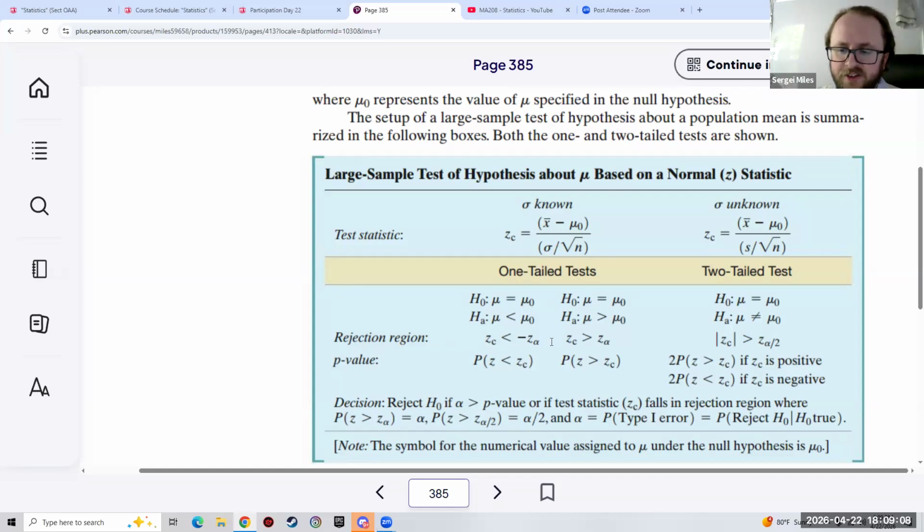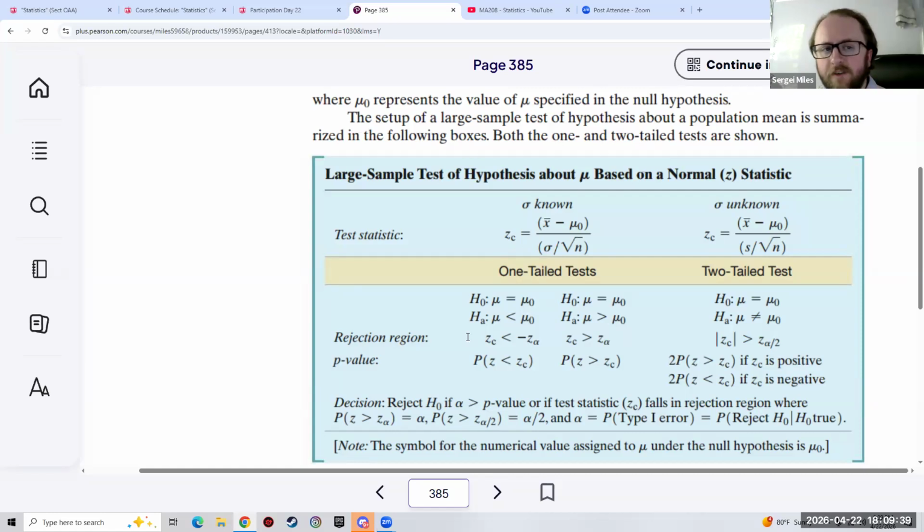So those Z alphas, they come from the table we have for the rejection regions, where based off if it's one-tailed, two-tailed, or upper-tailed, lower-tailed, that tells us what boundary we're looking for. Is my test statistic, that's ZC here, far enough away and past the Z alpha? Then we can reject the null hypothesis and accept the alternative instead.